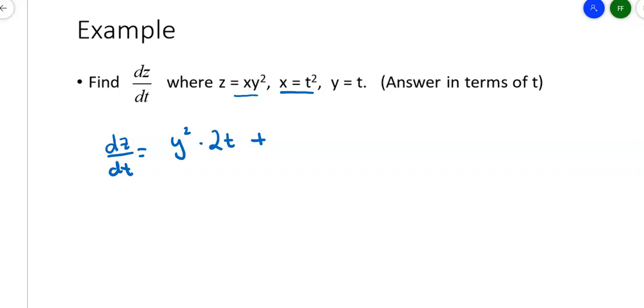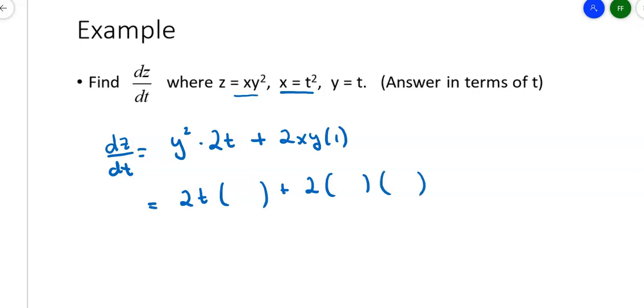So now take your xy squared, derive it with respect to y. So that 2 comes in the front, and I get a 2x times y to the first, because the power goes down by 1. What happens when you derive y with respect to t? Derive y with respect to t, and you just get 1. All right, so this gives me 2t times y squared, plus 2xy.